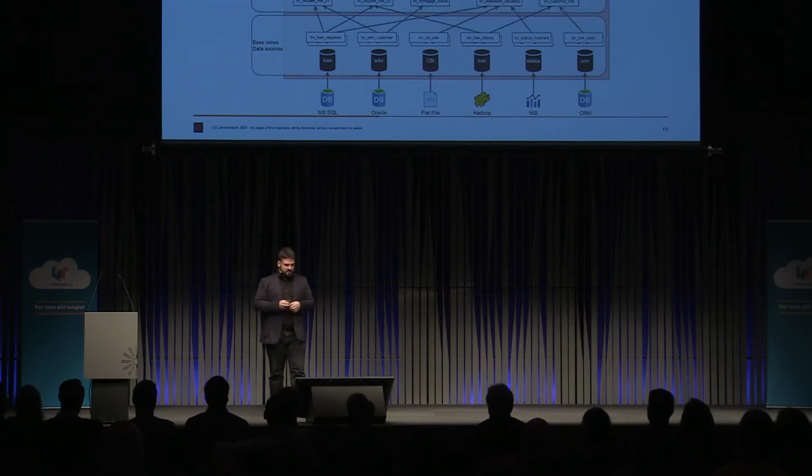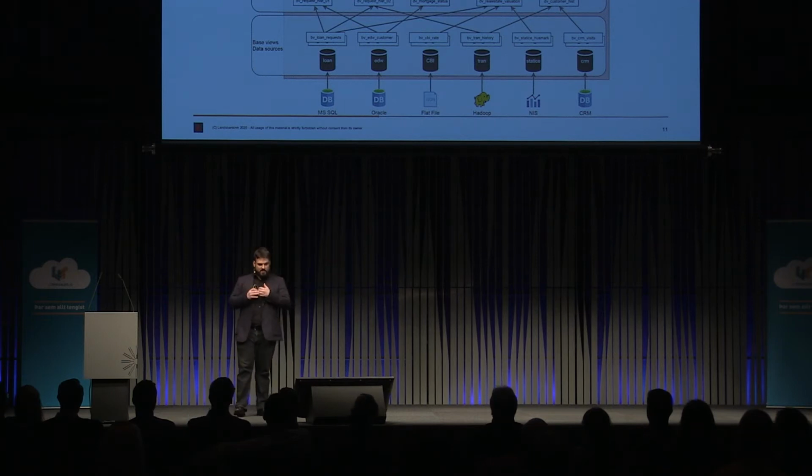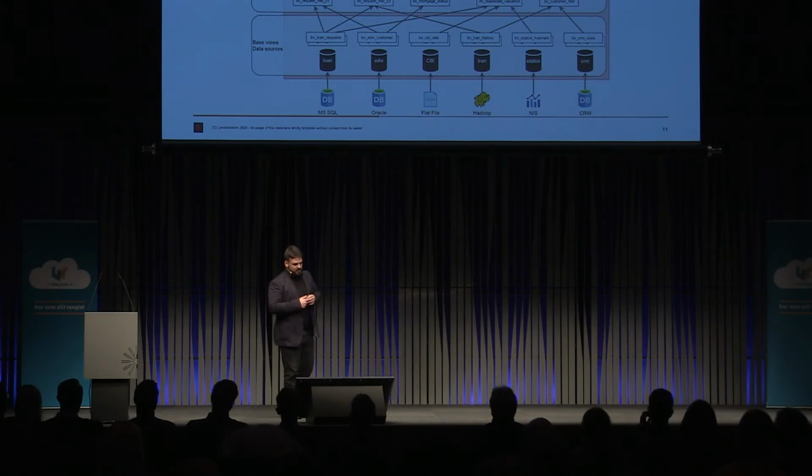Then you will combine them together, joining, union, merge, whatever you want. And once you're ready and you want to make them public, you just literally make them public and ready to be accessed for your business.